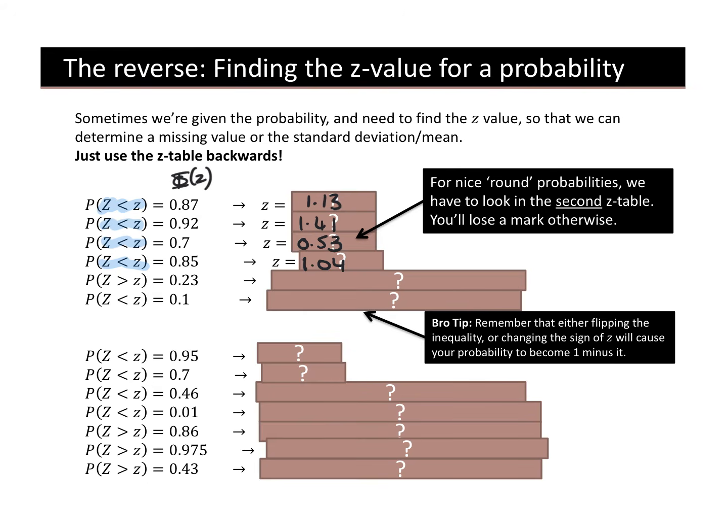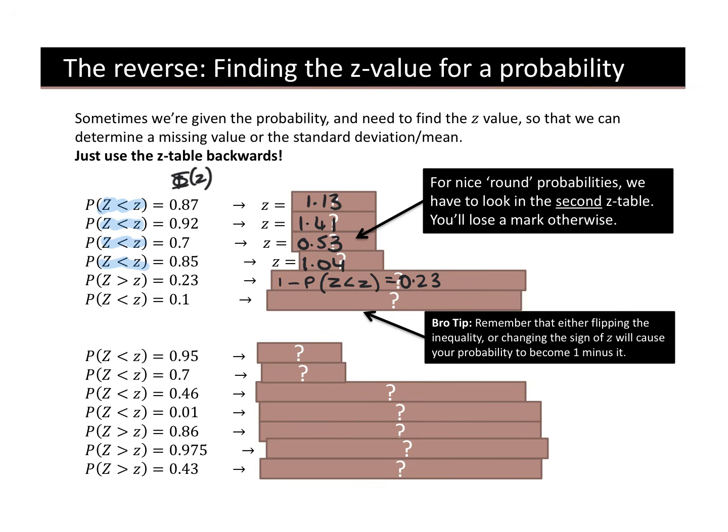Now, for the next one, it's slightly different, because it wants the probability of z being greater than. Yeah, so we know to find that probability, we had to do 1 minus the probability of z being less than z. Okay? So to find this, we had to do 1 minus the probability of z being less than z equals 0.23.